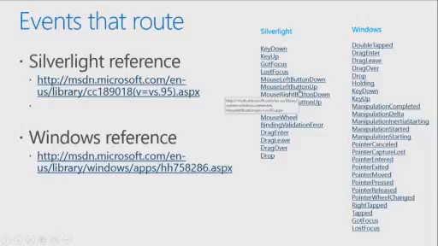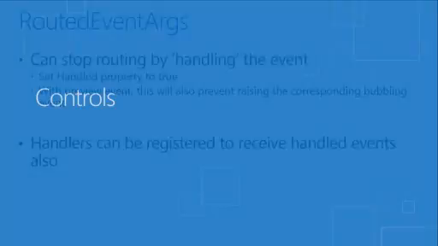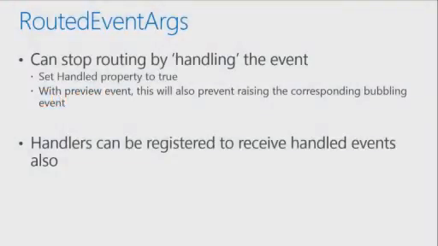So you don't have to know whether something came from a pen or mouse or touch, you just say, look, I just want to know if something was pressed. Well, you can know if you want to handle it specially, but in most cases you don't want to know. Yep, and if you handle a pointer pressed event args, it will tell you the source, so you can say this came from a pen or from a mouse, exactly. So not all of the events route. Here's the list, and you can go back and look at the reference. You saw me look at routed event args. The main thing with routed event args is the handled property that you see.